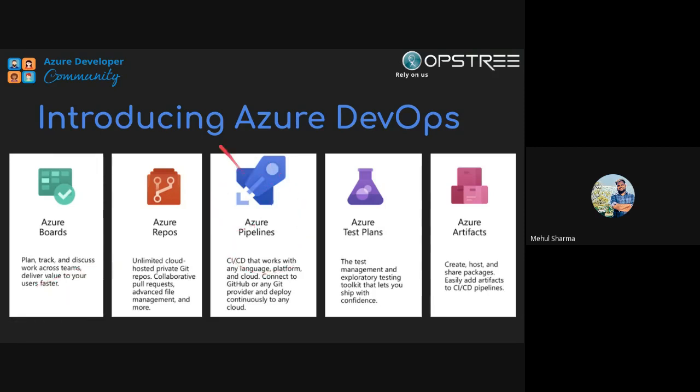Because all these things are in the same platform, you can think about how easy the compatibility or connectivity between these tools will be. Agree, everyone? Yes. So for example, you will add these artifacts to the CI Azure Pipelines. Have you ever worked with Nexus or JFrog Artifactory?